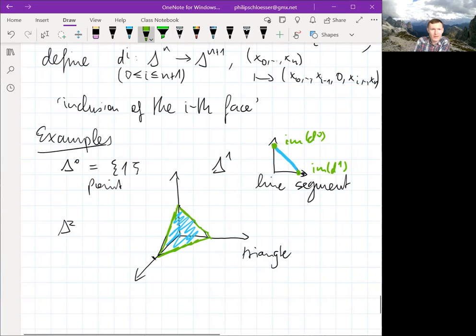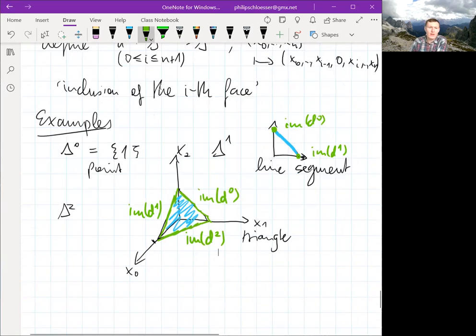And now, if we label our axes as x0, x1, x2, then the 0th face has a 0 x0 component. So that is d0. The first face has a 0 x1 component, so it is in the x2, x0 plane. And then this is d2.